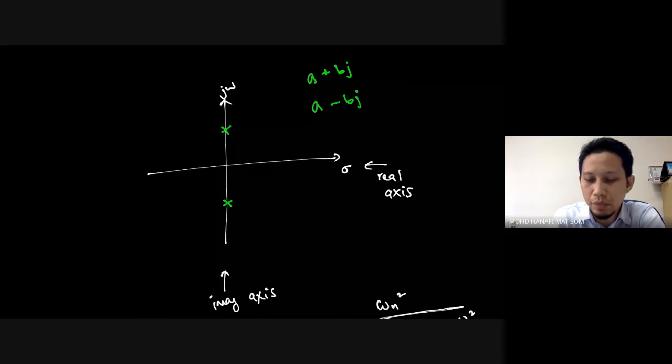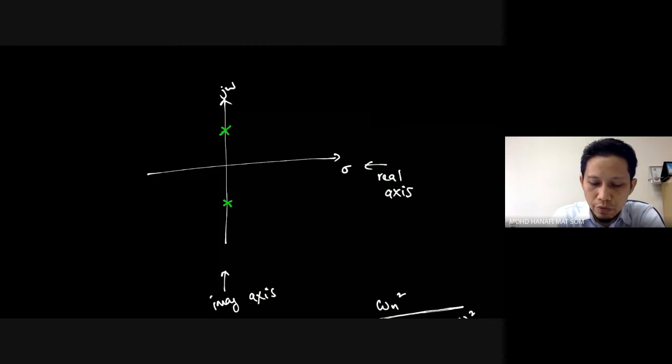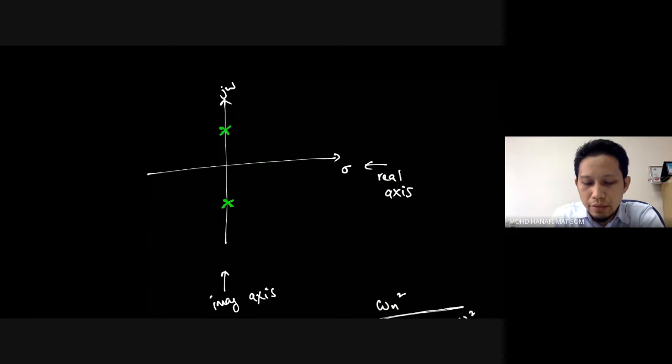This is a complex conjugate. So if we have one pole over here, we will have another pole down there at the negative j omega axis. At this location, zeta equals 0. So the damping ratio equals 0.